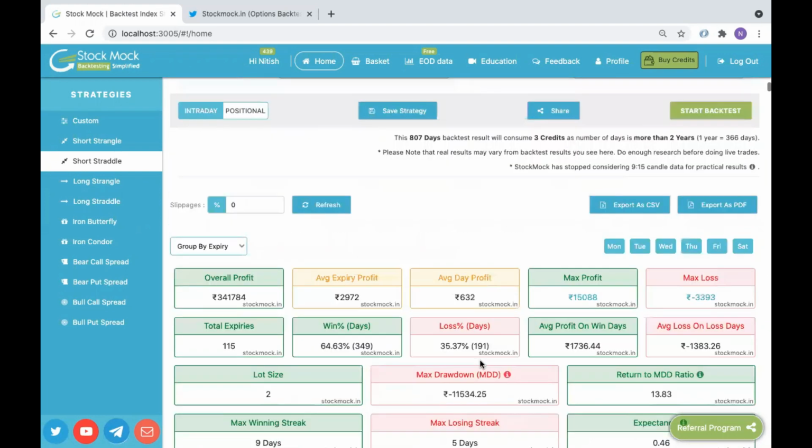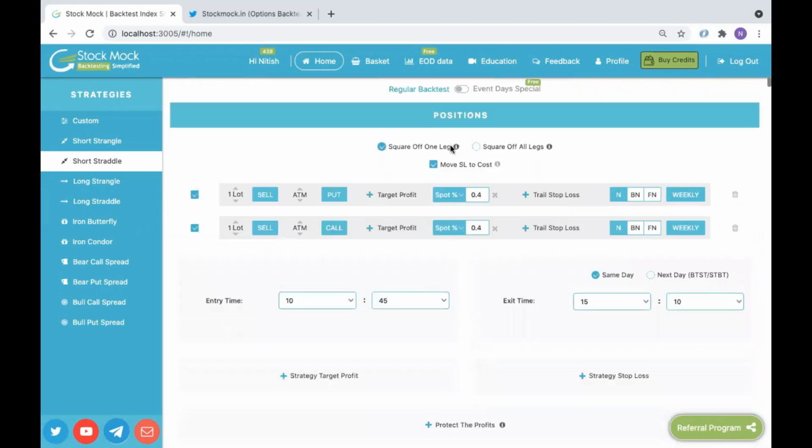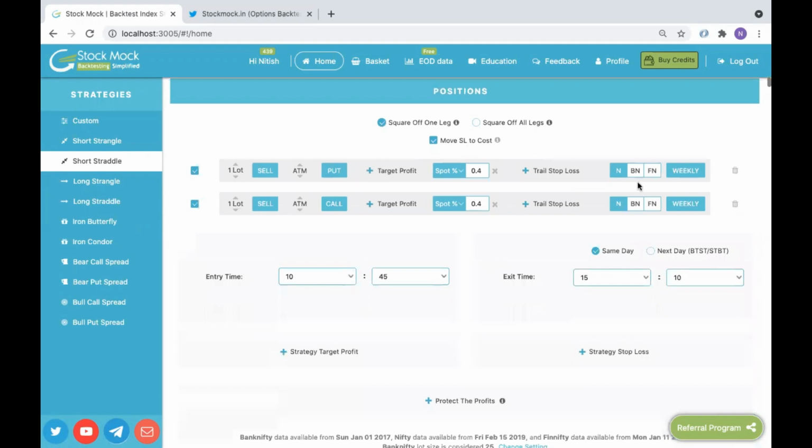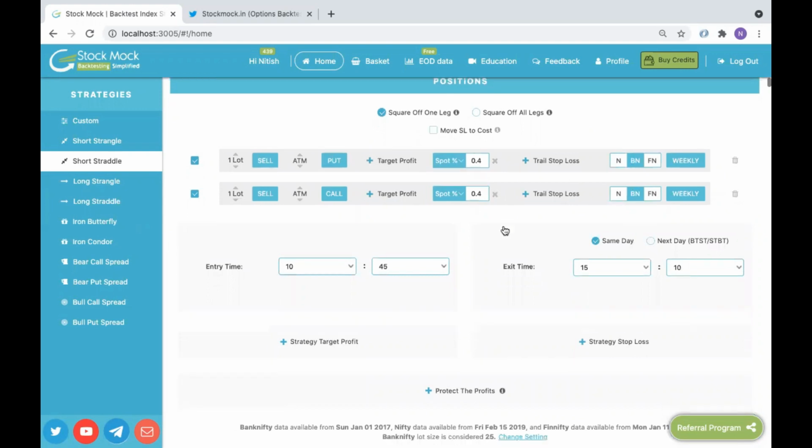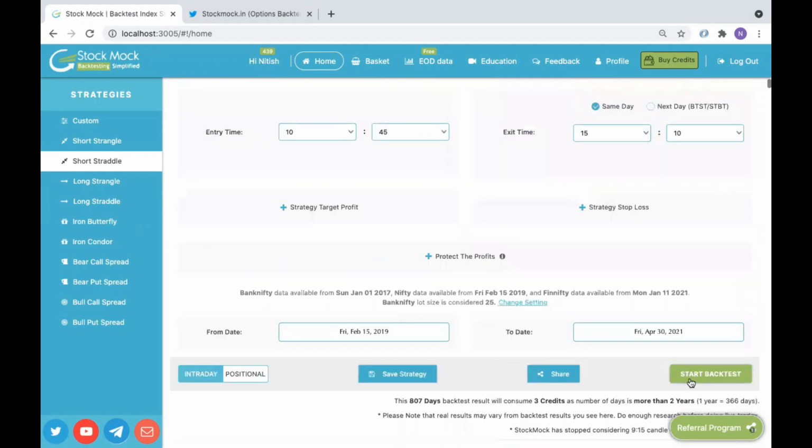Since we have not backtested for BankNifty once, I would want to demonstrate BankNifty as well. Let's do BankNifty for 0.4%. Let's see what happens. Again, the logic remains the same.